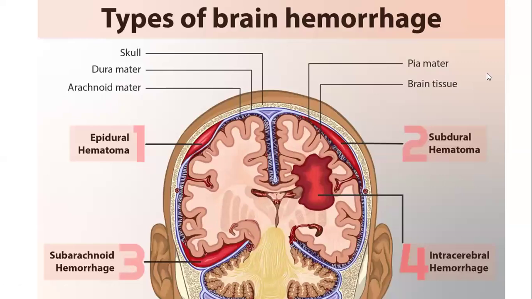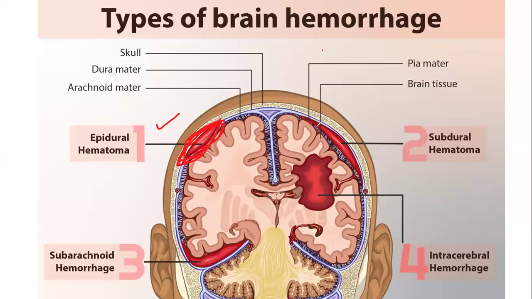Then we have types of hemorrhages. You can see over here from the shape of hemorrhages, we appreciate by the shape, but we have given the name according to their anatomy. If the hemorrhage is between the skull and dura mater, we call it epidural hematoma, and its shape on CT is biconvex or lemon shape, right?